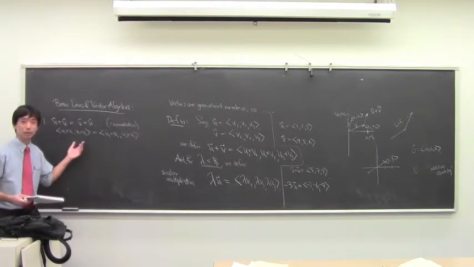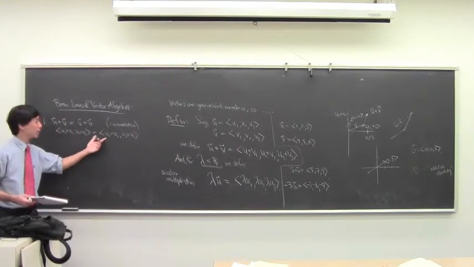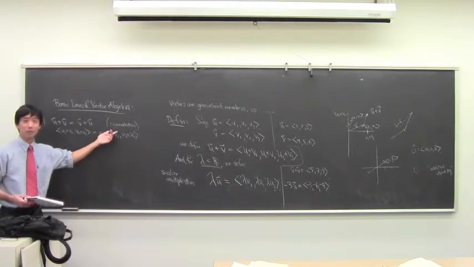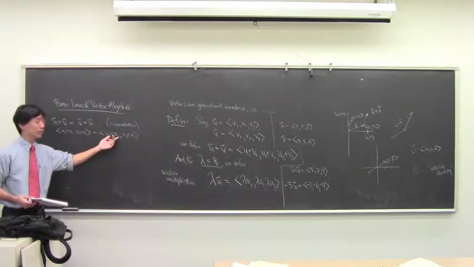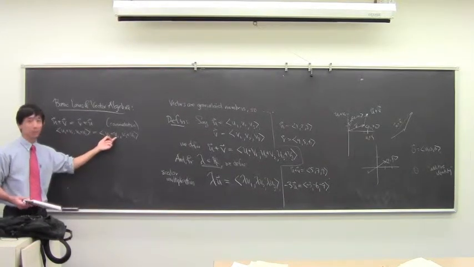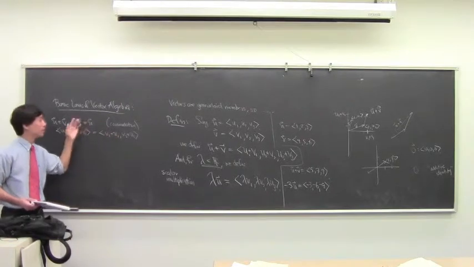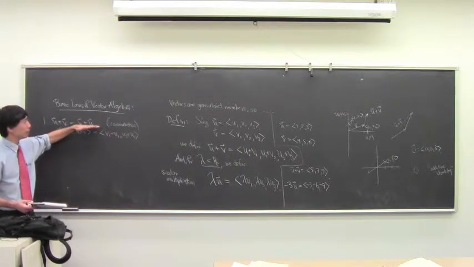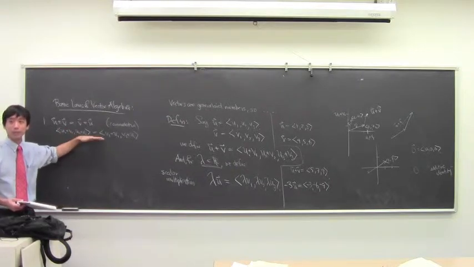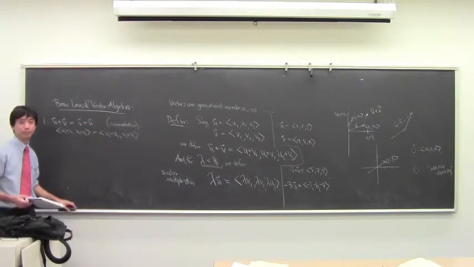Are those the same? Yes, because numerical addition is commutative. If you add numbers, you can change the order. So u1 plus v1 is the same thing as v1 plus u1. So the commutativity of vector addition follows from the commutativity of scalar addition.